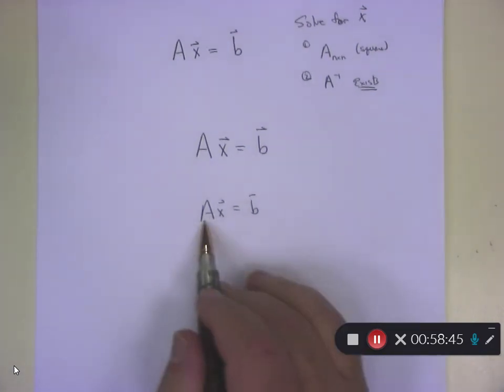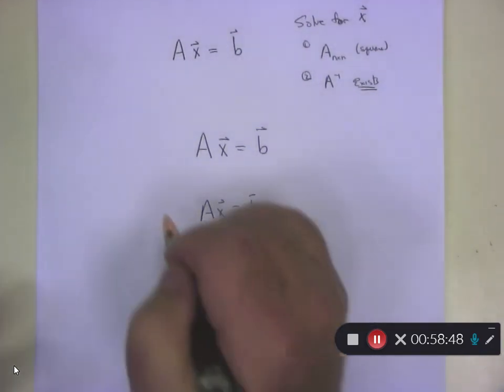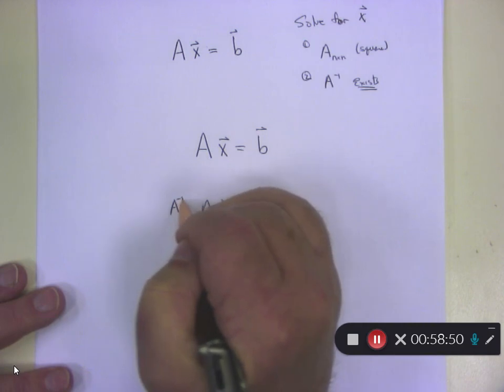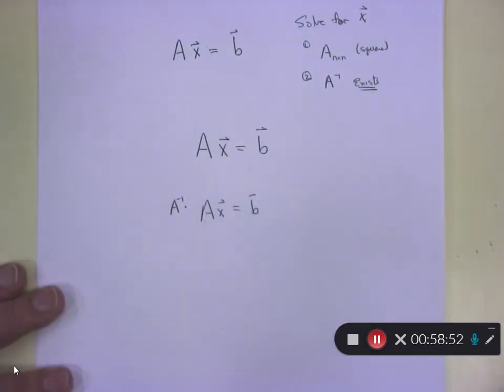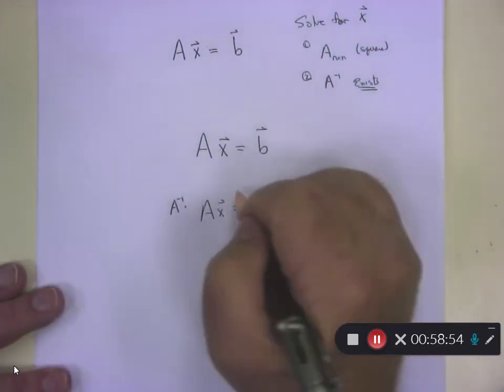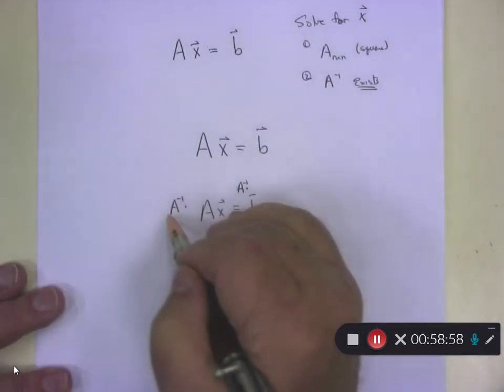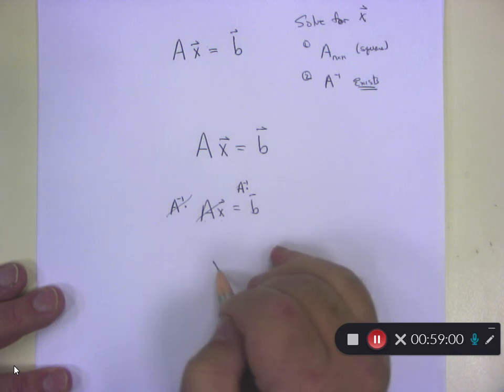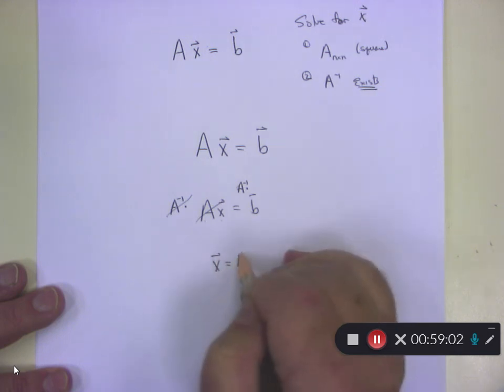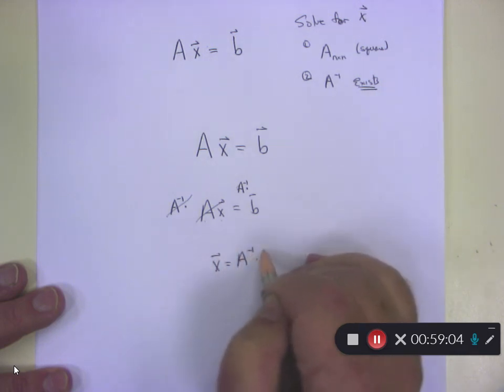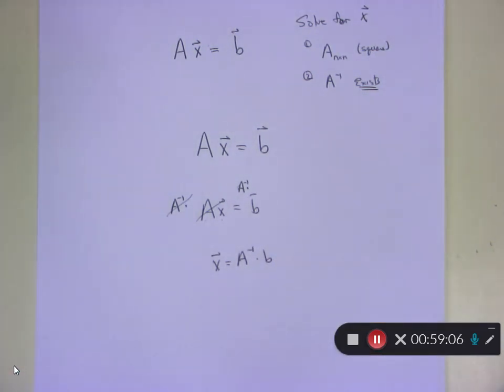It's on the left side. Agreed? So I've got to multiply on the left side by A inverse. Order matters. But what I do to one side of an equation, I do to the other. You with me? So this cancels.